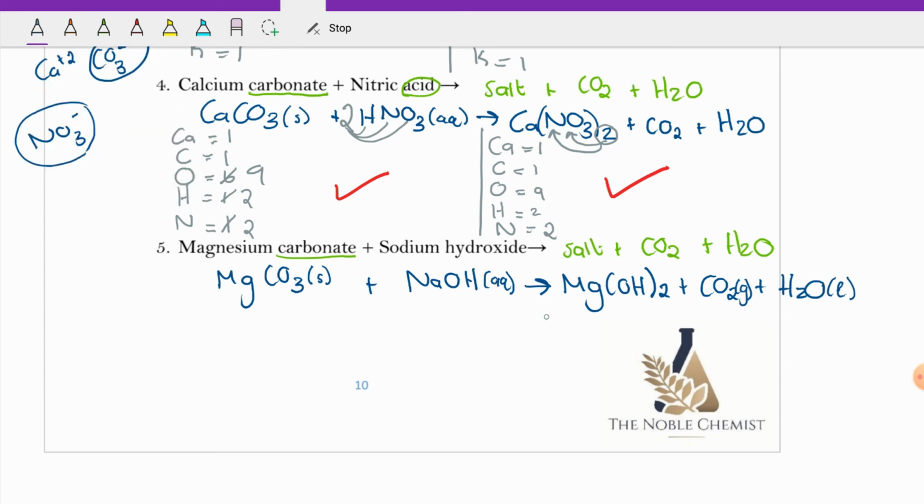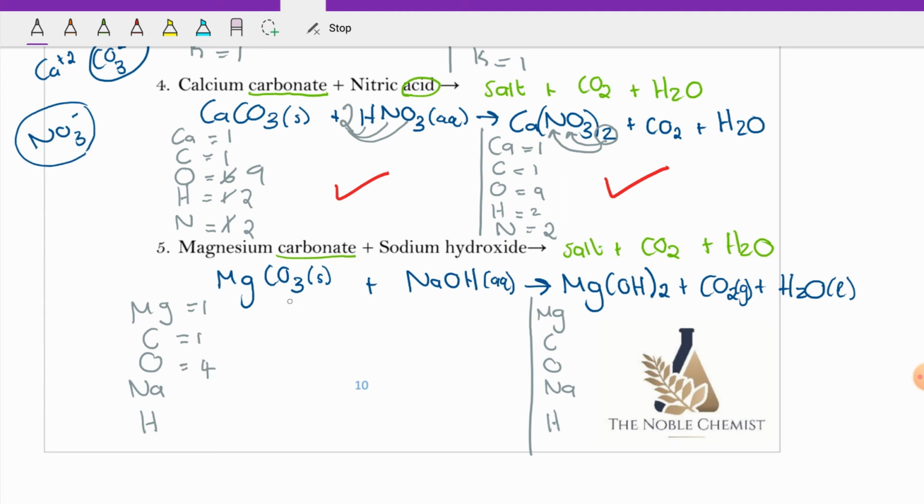Okay, so let's quickly balance this reaction equation. Write down your atoms on both sides. I've got magnesium here. I've got a carbon, oxygen, sodium, and hydrogen. So I do the same on this side. Carbon, oxygen, sodium, hydrogen. So how many magnesiums do I have here? Only 1. 1 carbon. I've got 4 oxygens.